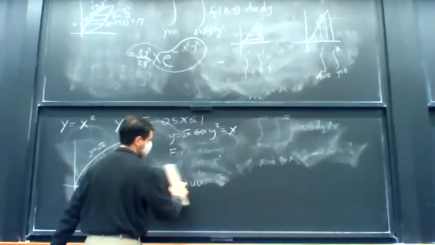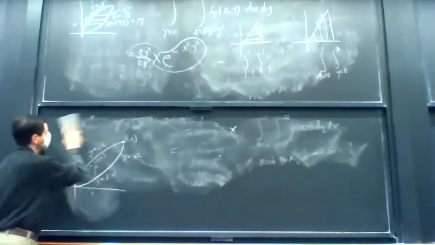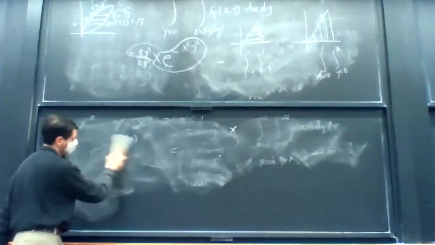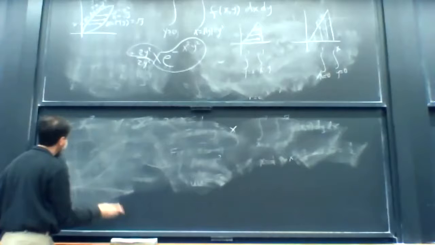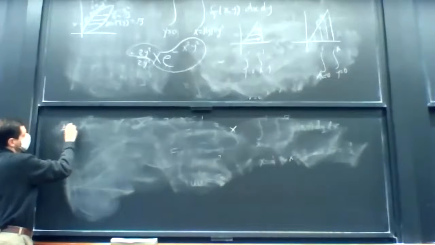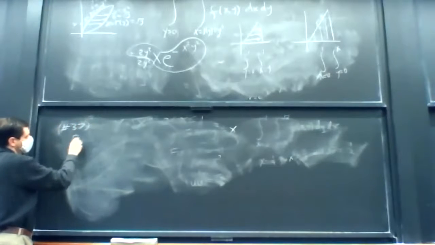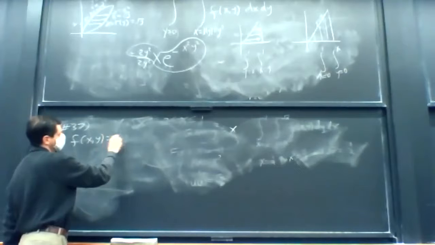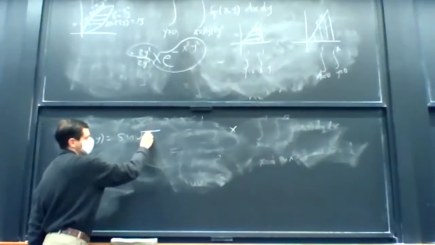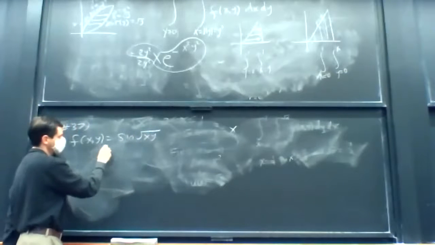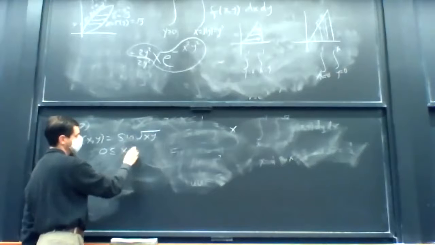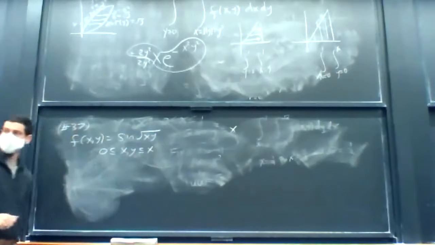Okay? So you just have to get comfortable with trying the different options. Okay. So there was a question from a couple of people on one of the homework problems. It was the function 37. f of x, y was the sine, I think, of the square root of xy, for 0 less than or equal to x, y less than or equal to pi.